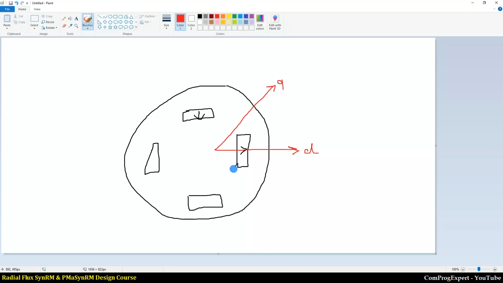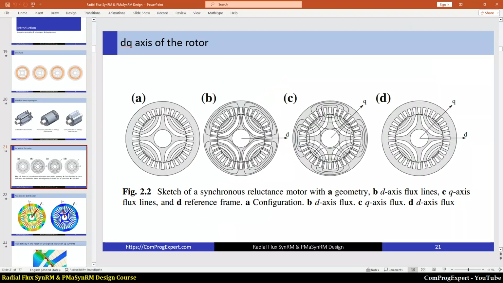But in this case, we are using this reference frame. The d-axis is when we have the minimum reluctance. So that is different. I will explain the reason. Formulations will be meaningful if we use this reference.